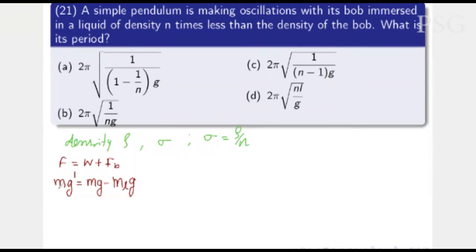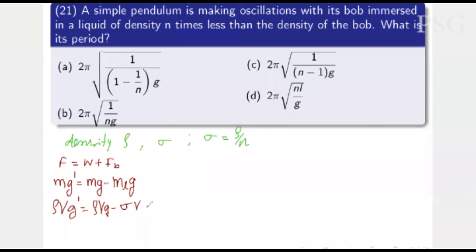Now we can substitute for this mass in terms of density and volume. If V is the volume of the bob, this mass can be written as volume into density. So mass into g prime equals, again mass remains same, rho into V into g, minus mass of the liquid, density of the liquid into volume of the liquid. Remember, volume of the displaced liquid is equal to volume of the bob.